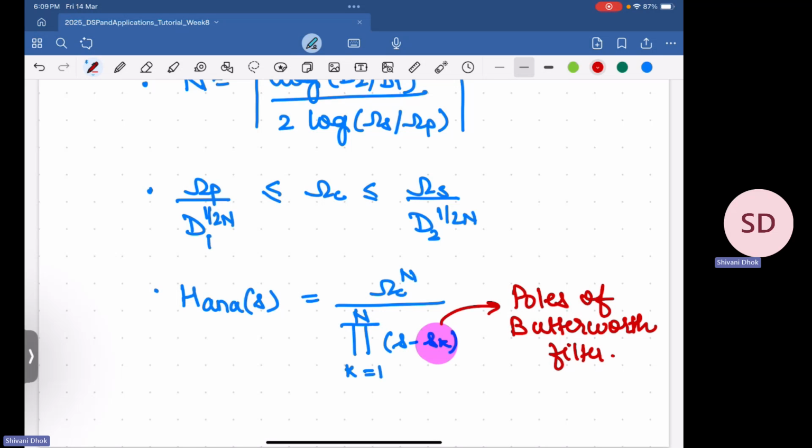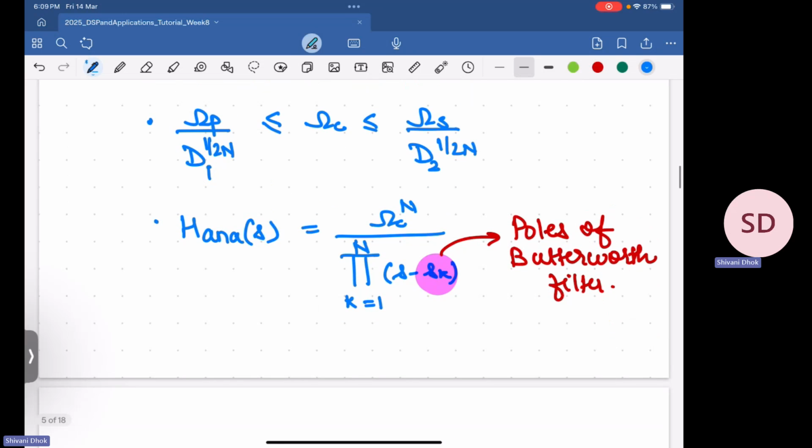So we saw that these poles lie on a circle of radius omega c, and these take the following form.